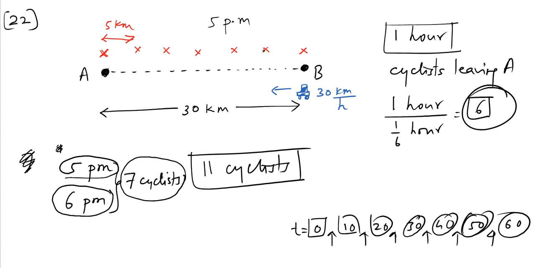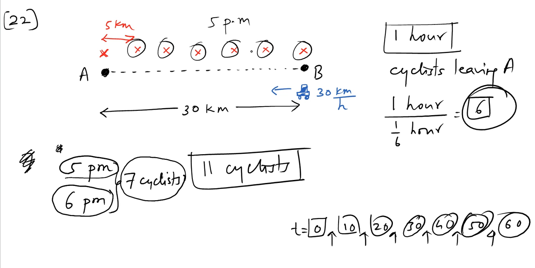And all these cyclists, all of these are cyclists who have left A earlier than 5 p.m. and these are the ones that we have not counted.